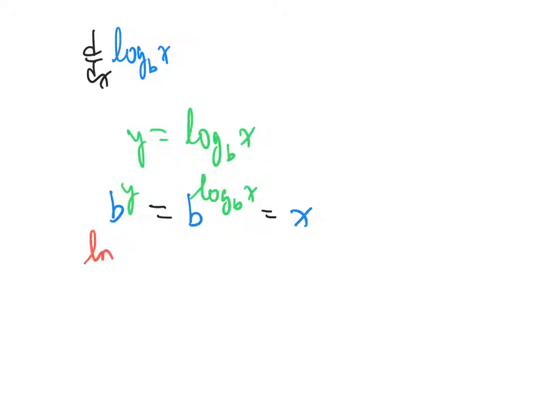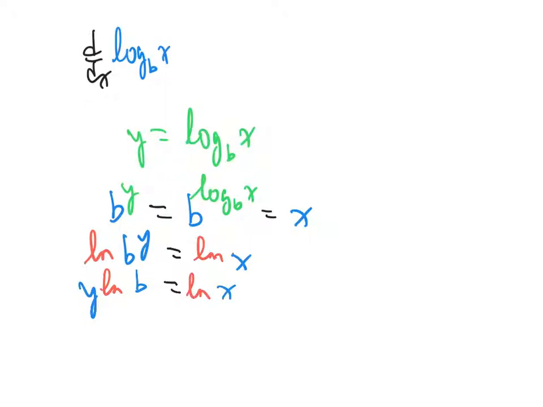So I have the natural log of b to the y is the natural log of x. The reason for doing that is that now I have log of a power, and I know that I can bring the power out front. So I'll have y natural log of b is the natural log of x.